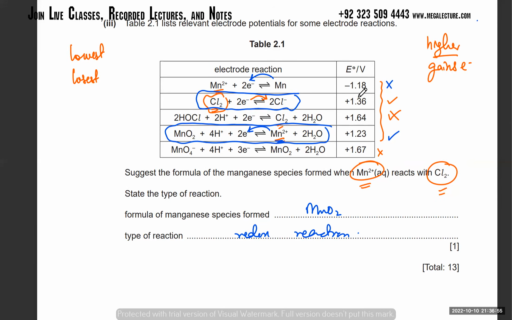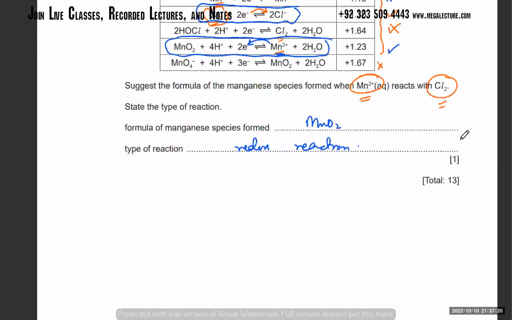The higher came out to be 1.36, and it was Cl2 gaining electrons, so that is fine. You figured out the lowest, which loses electrons, but it has to be one of these that loses electrons. The lowest came out to be minus 1.18, but you rejected it because it's Mn losing electrons, and you don't have Mn over here. Finally, you came out with 1.23, so you do have Mn2+. Is this clear? It was just a 1 mark question, by the way.